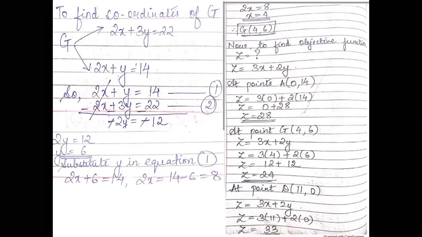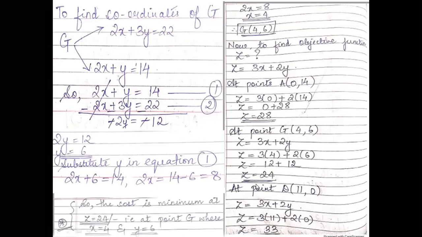So the smallest out of the three is 24. So our final solution goes like this. The cost is minimum at z equal to 24 rupees. That is at point G, where x is equal to 4 and y is equal to 6. So this is the final answer.